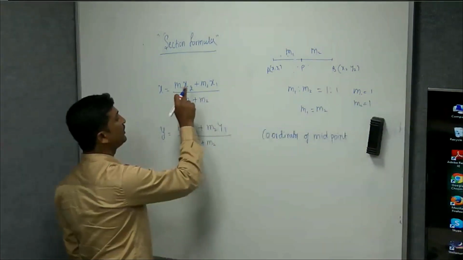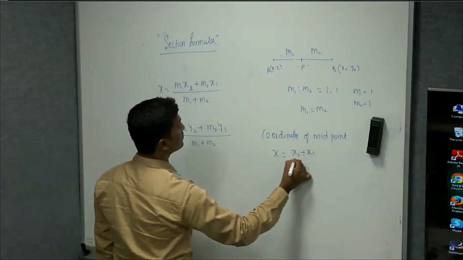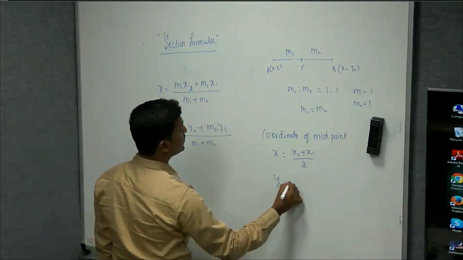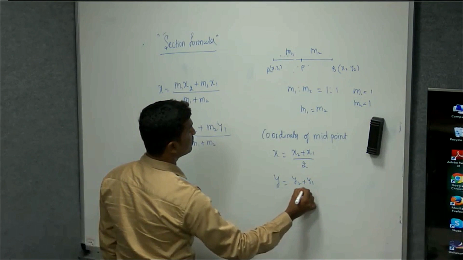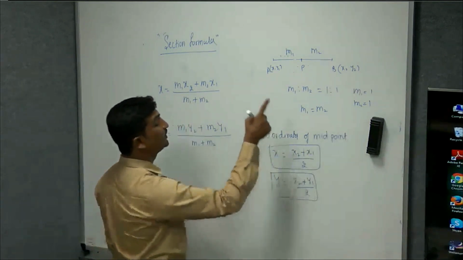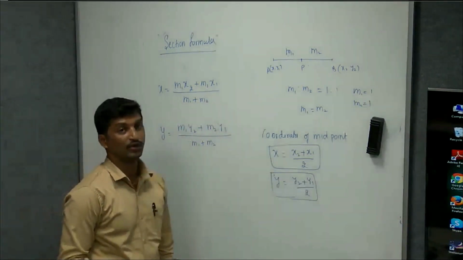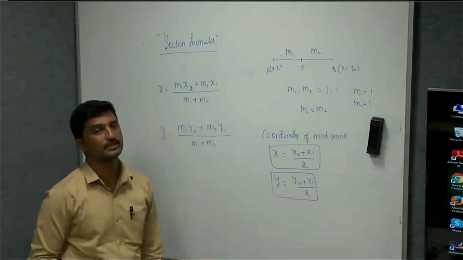If you substitute the values 1, 1, you are going to get x is equal to x2 plus x1 divided by 2, y is equal to y2 plus y1 divided by 2. These are the two formulas to calculate the coordinates of point P, where P is the midpoint of line segment AB. Is it clear?